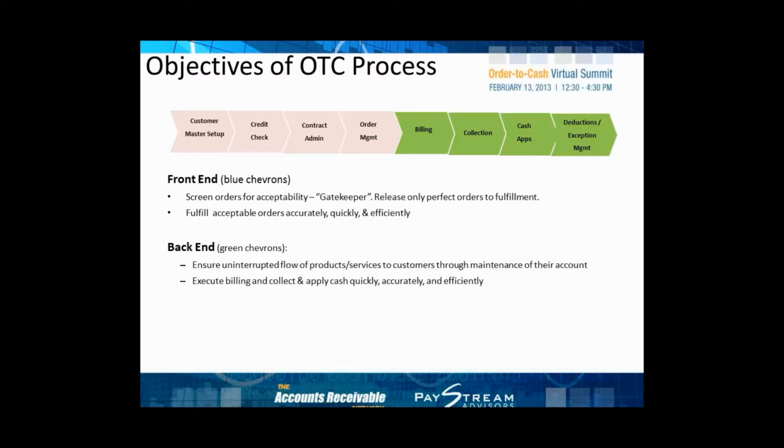The customer information's right, the price is right, all that stuff. So only the perfect orders go in, and if you can achieve that, then the rest of the process runs very smoothly and very successfully. And that enables your organization to fulfill these orders quickly and accurately.